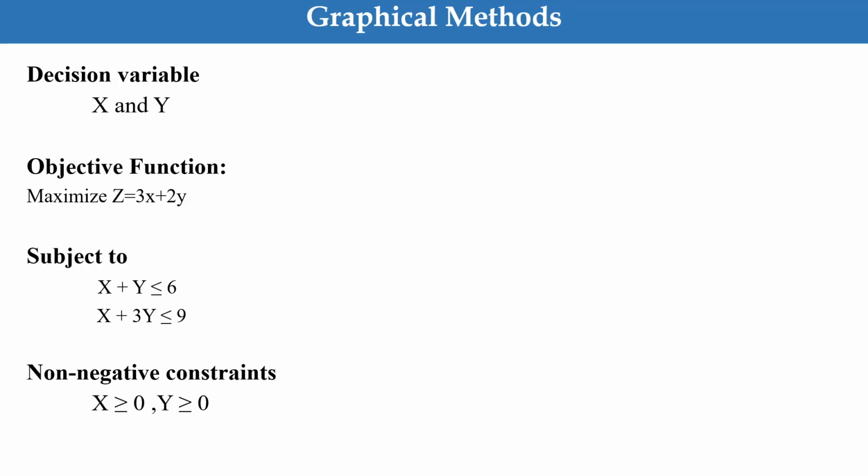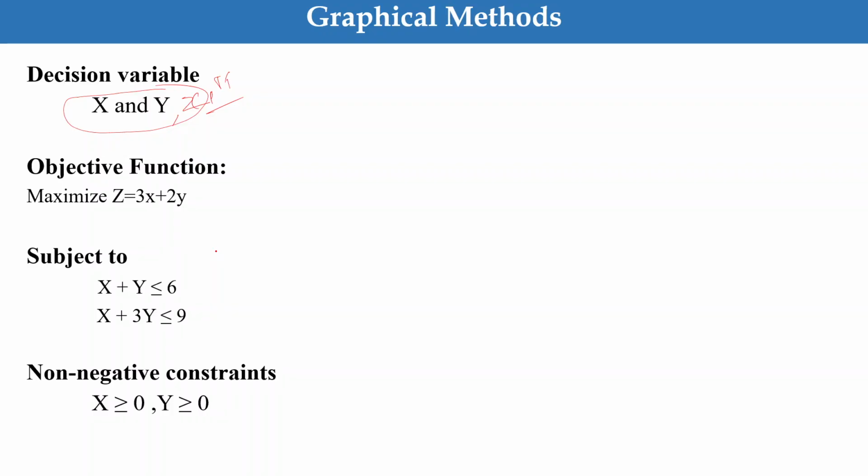Now let me first explain about the previous slide, that when these methods are applicable. In this case you have only two variables, x and y, so you can use the graphical method here. Now when you have more than two variables, let's say you have one more variable called z, in this case you cannot use the graphical method, right?